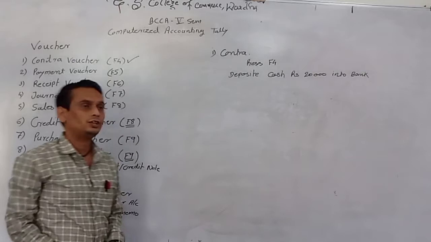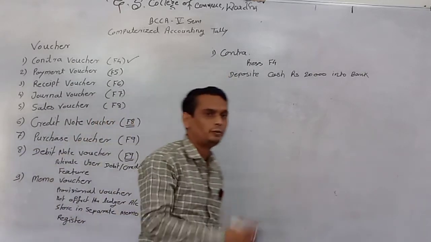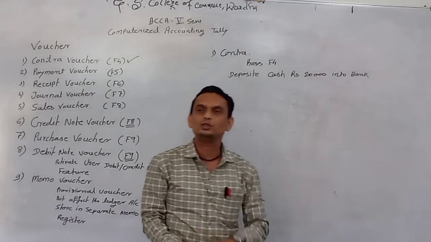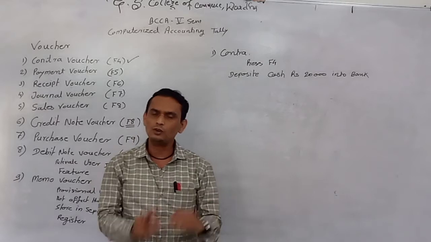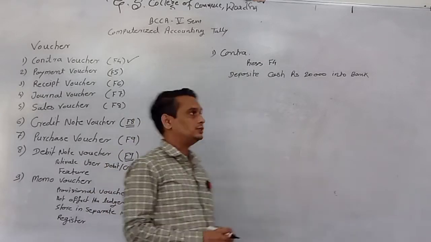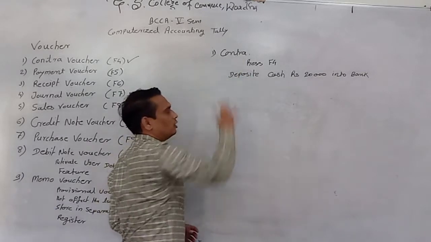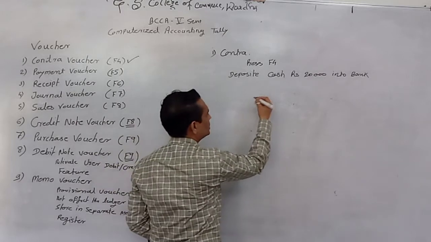This type of transaction can be recorded in a contra voucher, because the cash will be deposited into the bank and the cash will go out of the business. Therefore inflow and outflow are the same and the transaction value is 0. Okay, press F4 for activating the contra voucher and record the transaction.